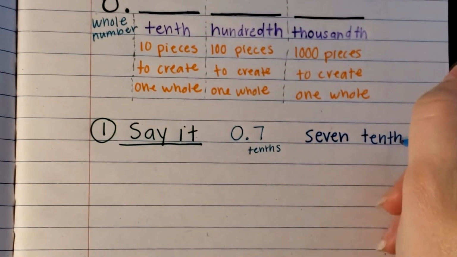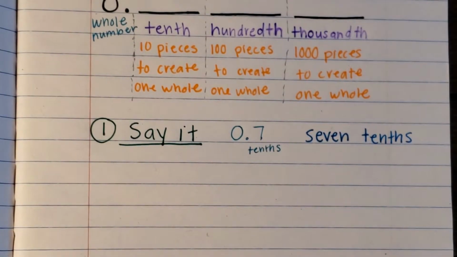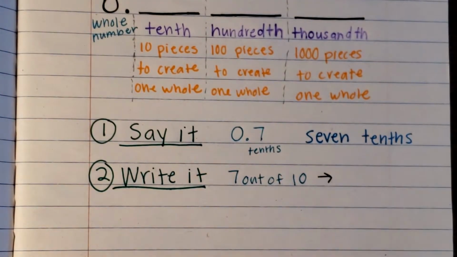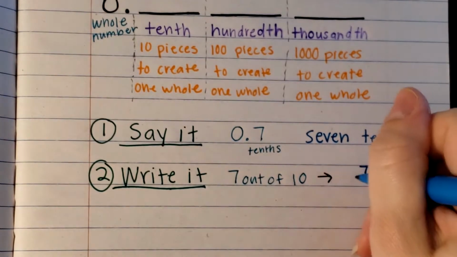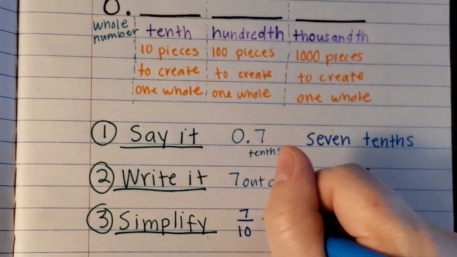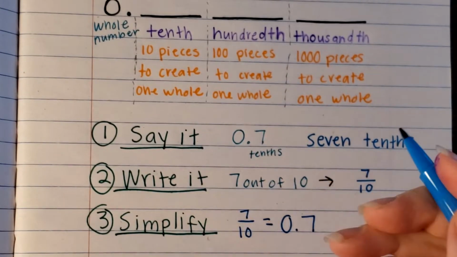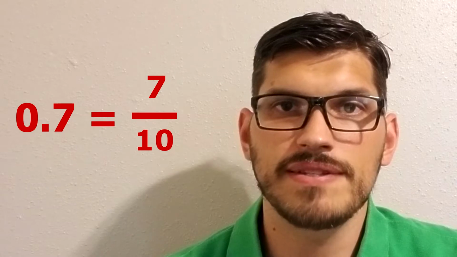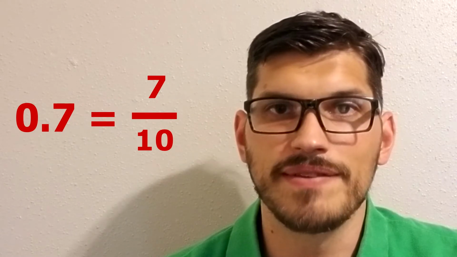This means 7 out of 10. Second step, write out what you said. 7 tenths, 7 out of 10, or 7 over 10. Step 3, simplify. Oh, it's already in simplest form. This decimal has successfully converted from a decimal to a fraction. 7 tenths is 7 tenths.